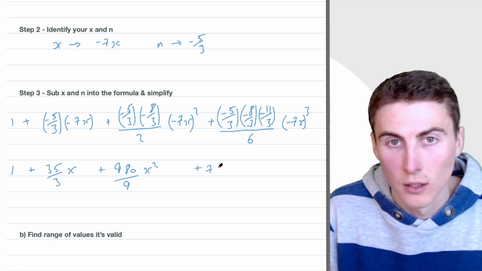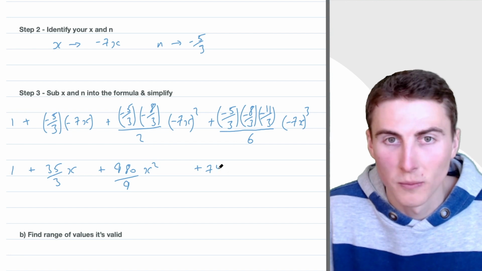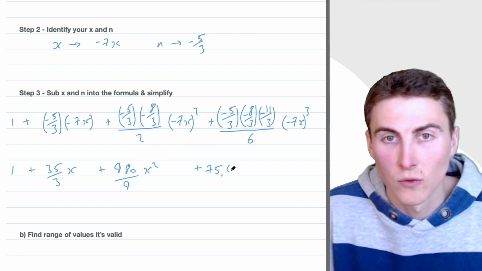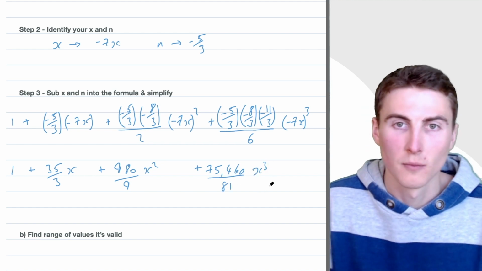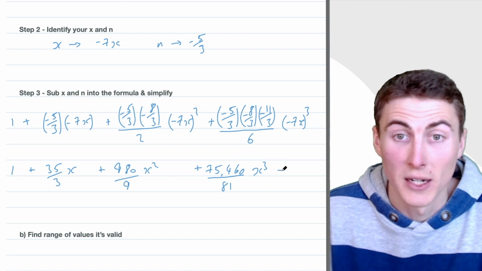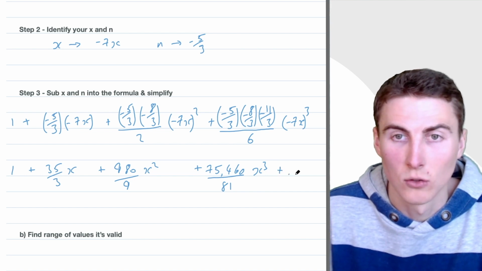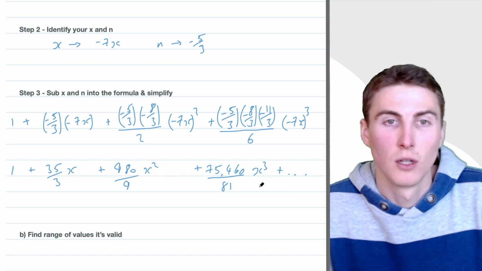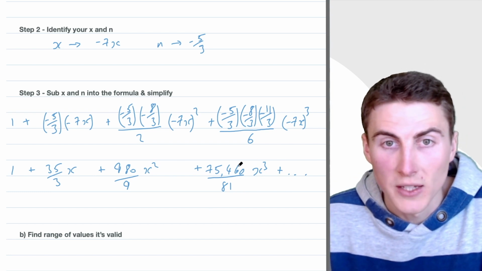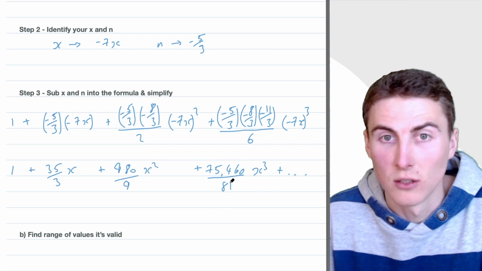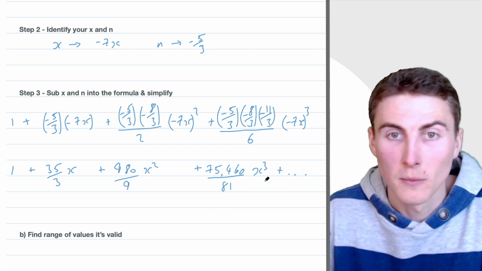Plus, oh, this is a big one, 75,460 over 81 x cubed. And if you want to, you can put plus dot dot dot to say that there are other terms, but we've only found these first few terms. And that's it. So we've now found the expansion and shown the first few terms.